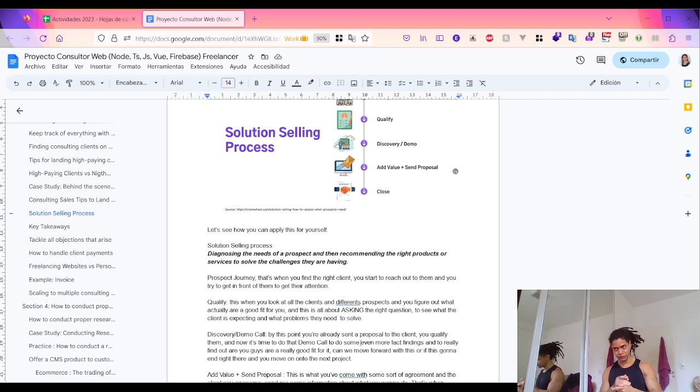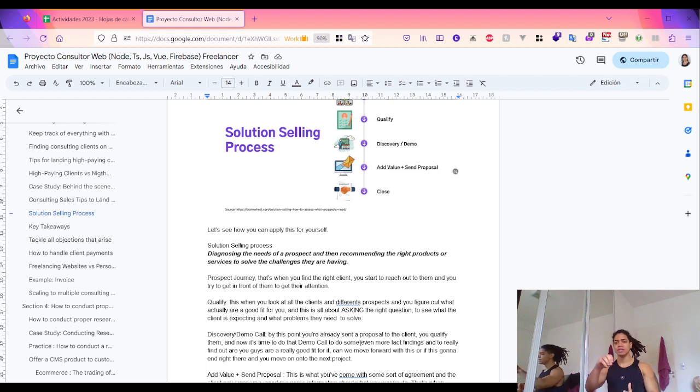So you have the prospect journey, and then you qualify them by looking at all the different prospects, figuring out what are a good fit for you, asking the right questions to see the client's expectations and what problems they need to solve. So prospect journey and qualify.